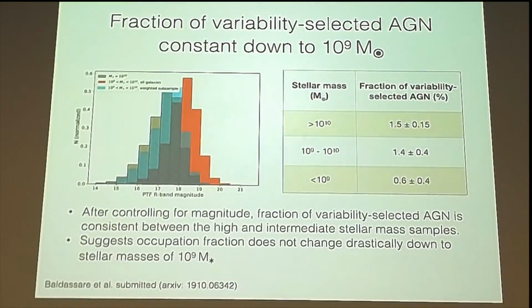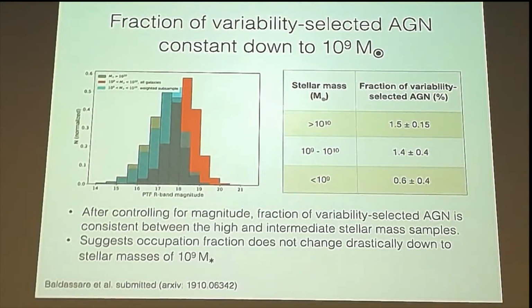And unless there's some drastic change in AGN variability properties, this suggests that the occupation fraction, so the overall fraction of galaxies that contain a black hole, isn't changing drastically down to galaxy stellar masses of about 10 to the 9 solar masses.